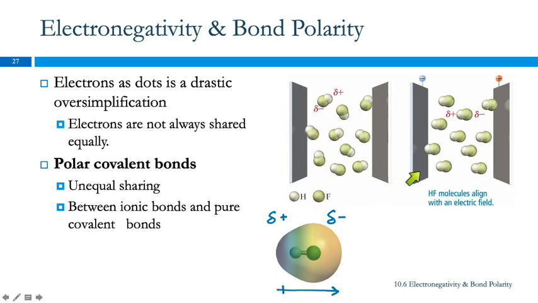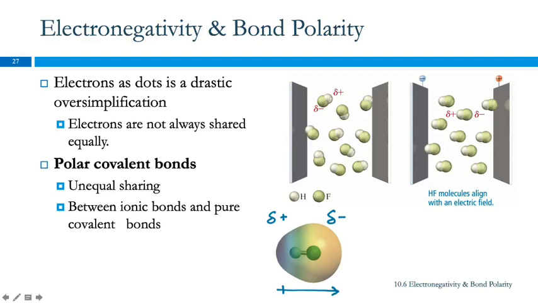If we apply an electric field here with a positively charged plate and a negatively charged plate, all of these molecules will swivel to line up, so the partial positive end is attracted to the negative plate, and the partial negative end is attracted to the positively charged plate, and they all just swivel and line up, much like the needle on a compass, right? You can turn it around, and then you stop, and it just points north, right? So that's what these little molecules are doing.